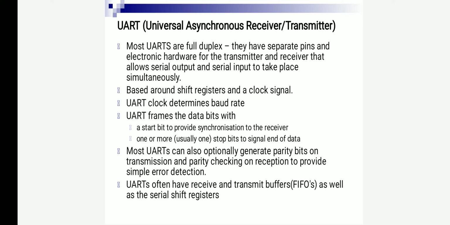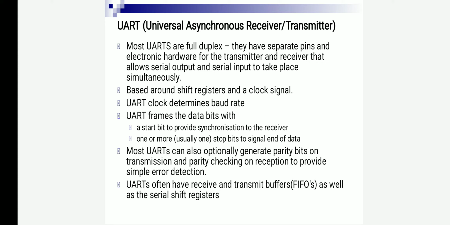UART stands for Universal Asynchronous Receiver Transmitter. Most UARTs are full duplex systems, which means they can communicate from one transmitter to another receiver in full duplex mode, meaning transmission and reception can be done simultaneously.